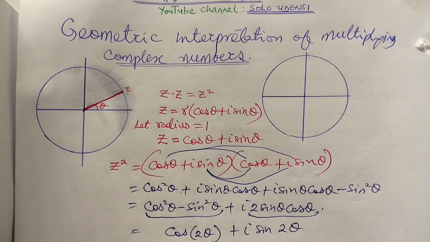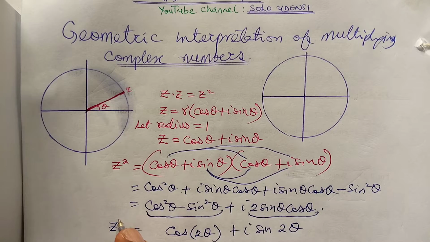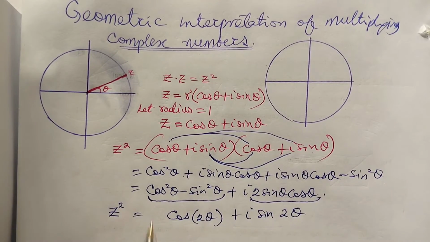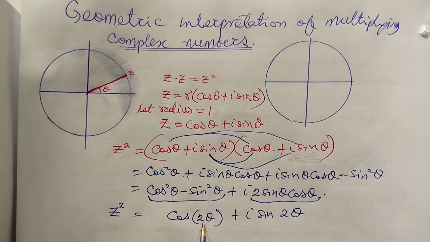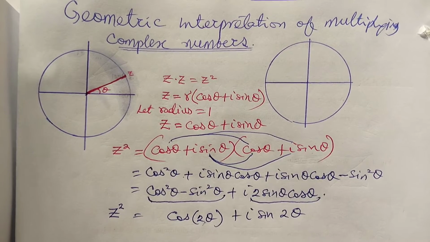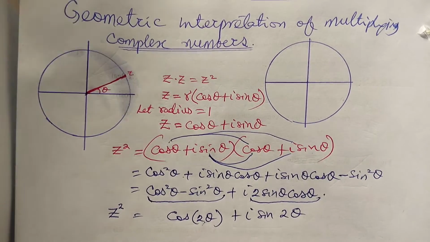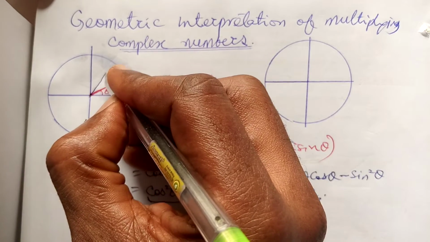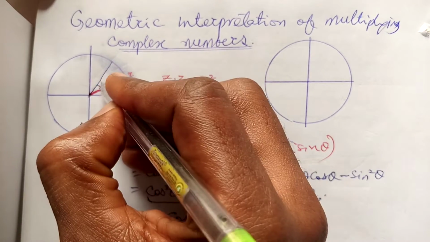So geometrically, multiplying a complex number by itself will rotate the vector by twice the angle. The rotation will be somewhere here, and here is another theta.